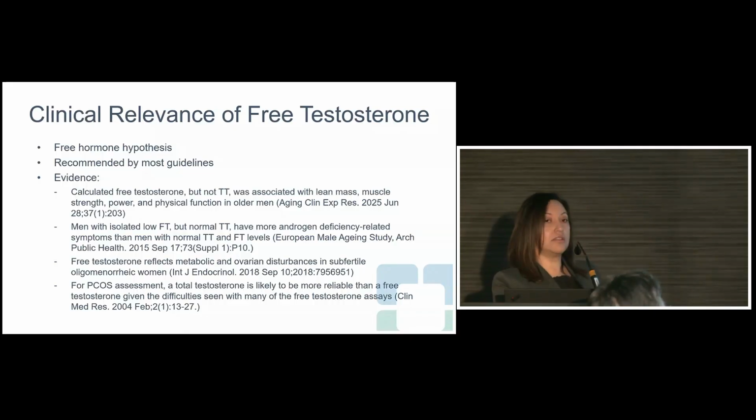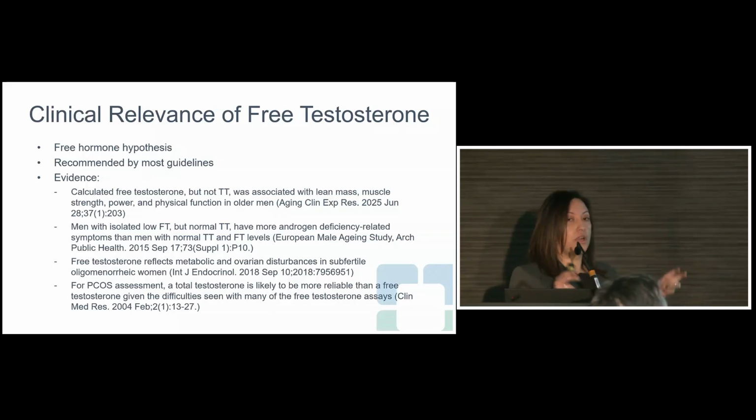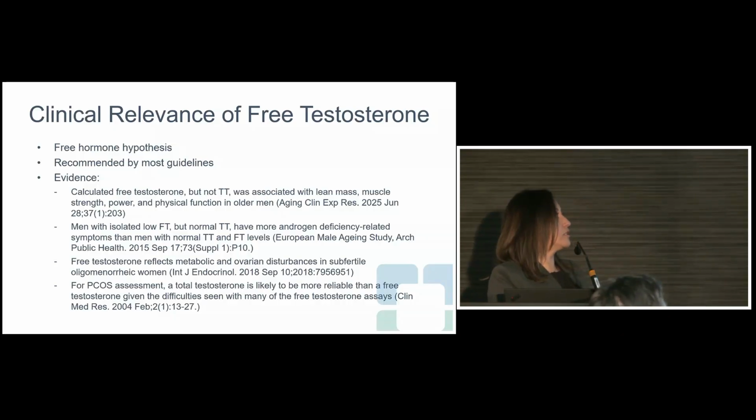Free testosterone is recommended by most guidelines, whether preemptively or in conditions where sex hormone binding globulin is affected, or with borderline testosterone concentrations.